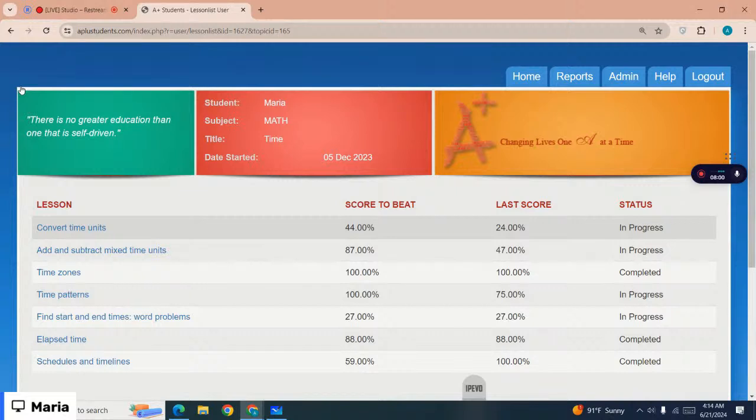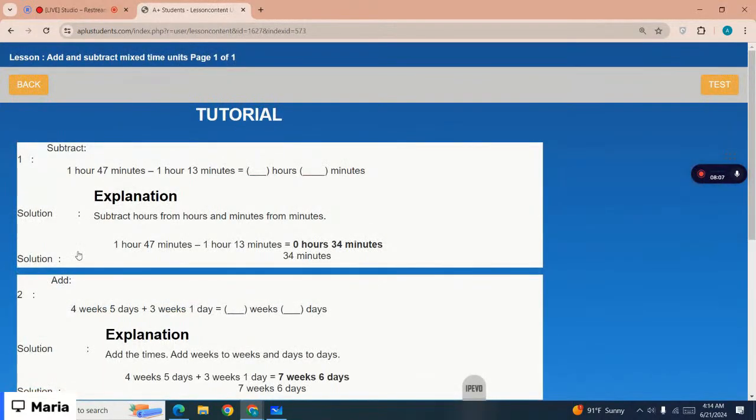The next lesson is add and subtract mixed time units. Let's just start with the next lesson. Okay, 1 hour 47 minutes minus 1 hour 13 minutes. So you have to subtract with the same units. Like you can subtract minutes from minutes and hours from hours.